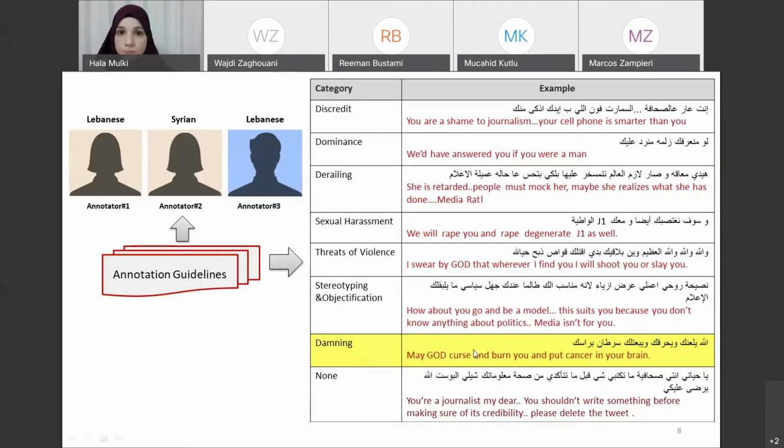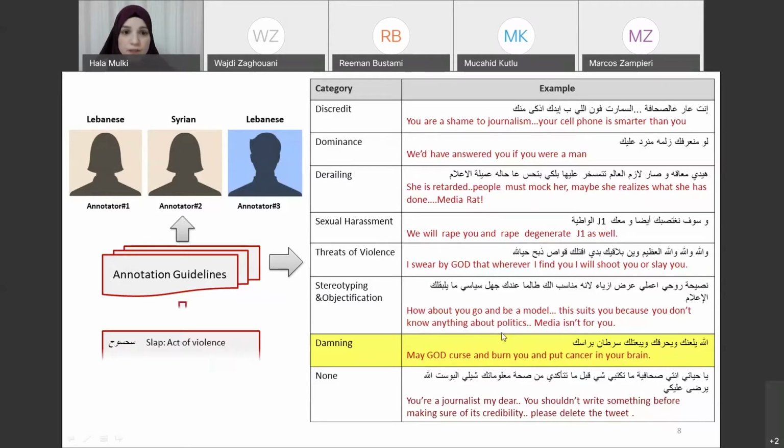This was very important in order to differentiate the damning category from the threat of violence, because I'm not going to hurt the journalist myself or by some group. I'm wishing God that this journalist will be dead or will be sick, for example. And of course, the non-misogynistic are those tweets that do not contain the previously mentioned specifications.